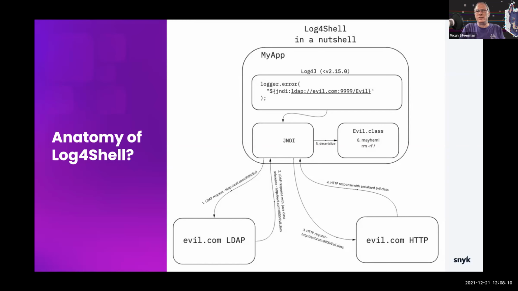But what was discovered is that through the magic of JNDI, you can look up an endpoint. And so this humble looking string here with the $ and the curly braces triggers a pile of network interactions.